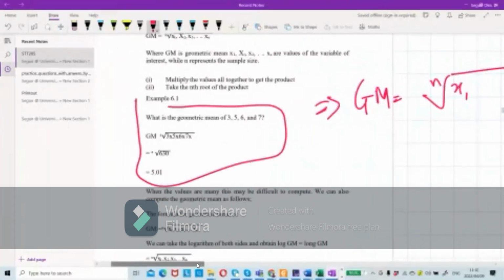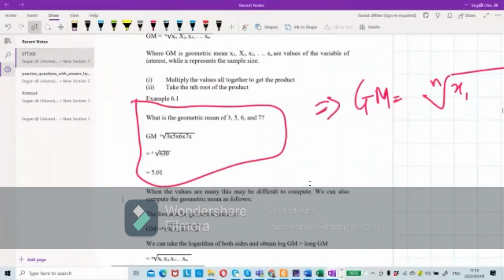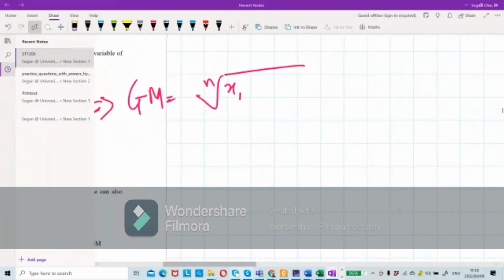Most times, the geometric mean question comes in this format. Please take notes. They can ask you, find the geometric mean of the following data. The dot means multiplication, x2 dot x3 dot up to xn.